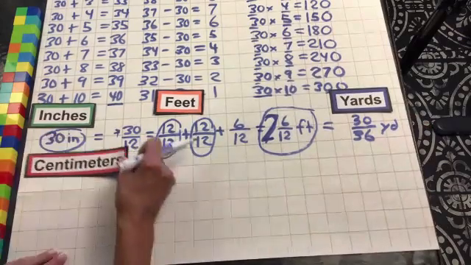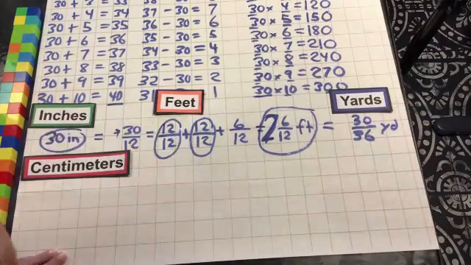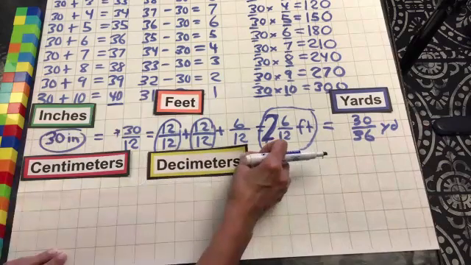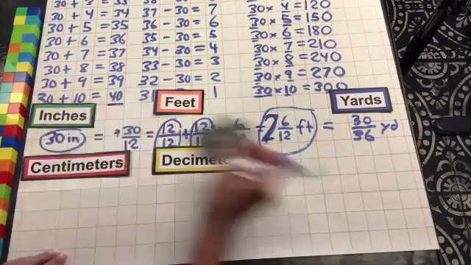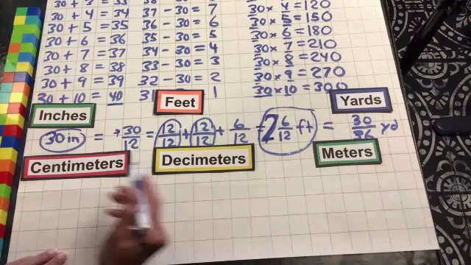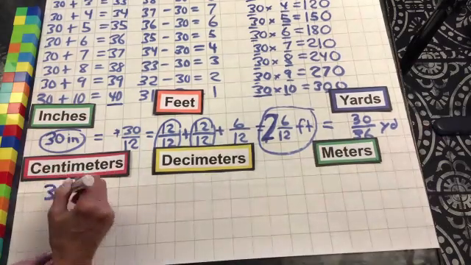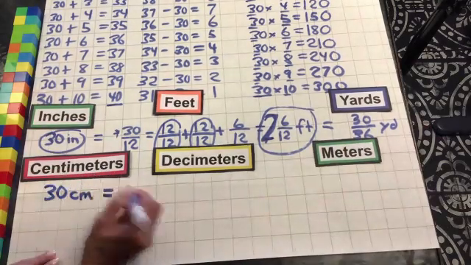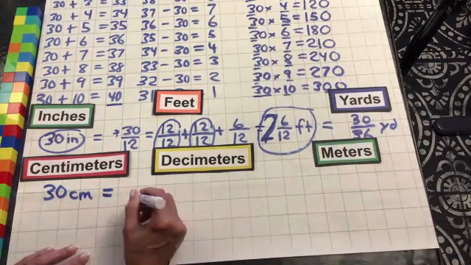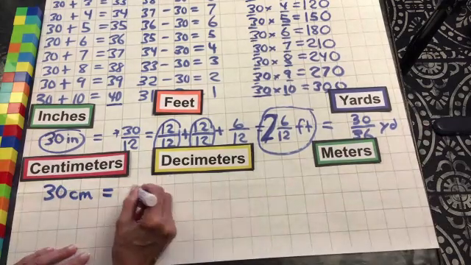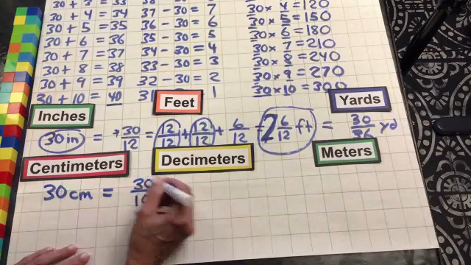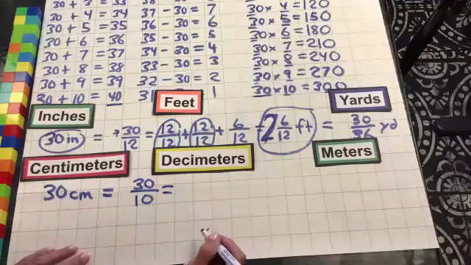All right, let's go on to our metric system of centimeters, decimeters, and meters. So we have 30 centimeters. And we know 10 centimeters make a decimeter. So we're going to make that into an improper fraction and break it down into an addition problem.